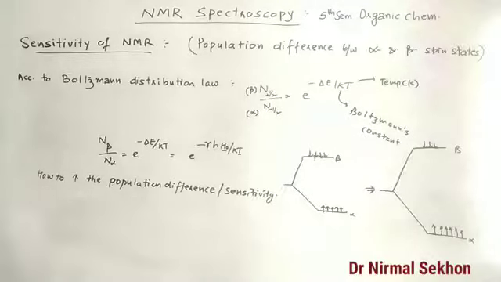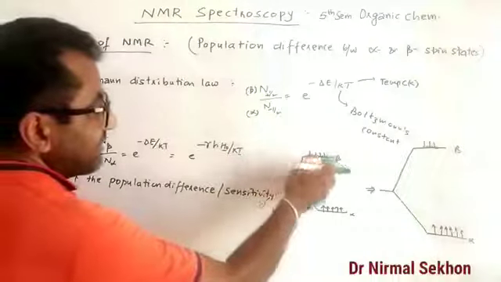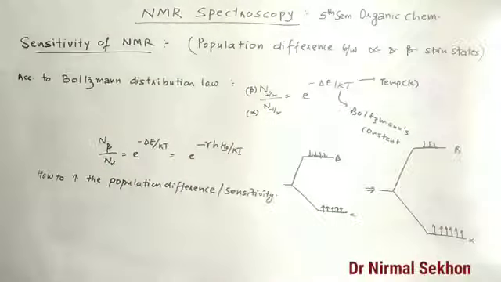This is called absorption. But some molecules, because the energy at beta state is more, come back to alpha state, and when they come back from beta to alpha state, they emit energy. That is called emission. So absorption and emission take place simultaneously.